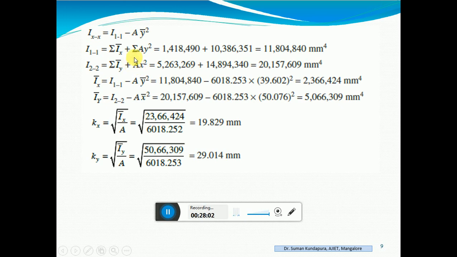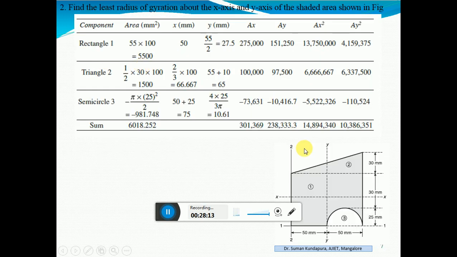Summation, here this is summation, like this, summation a x squared. So when it is I22, it is I y bar, and here it is x squared because the distance x is from reference axis 2-2. Okay, so summation a x squared is this one.